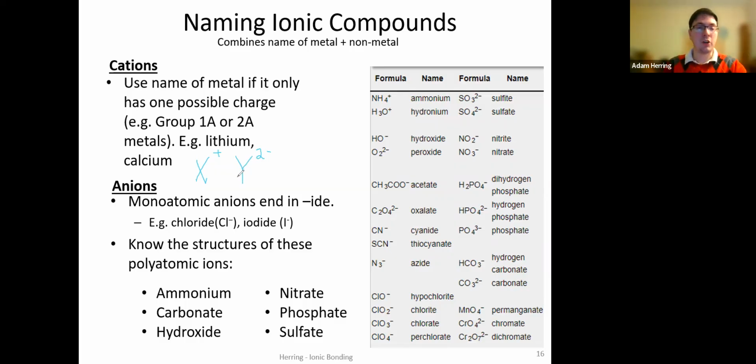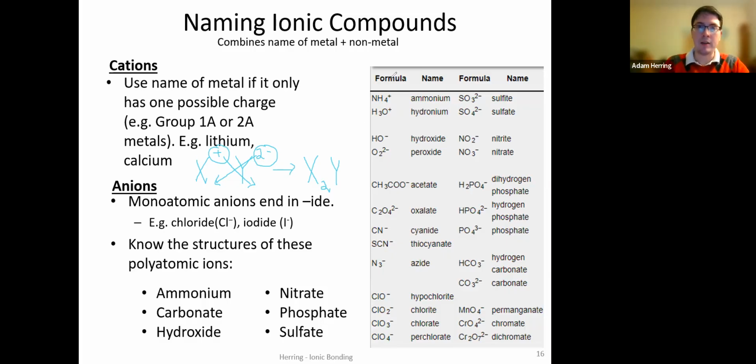In order to get the charges to balance properly, you can crisscross the charge of each element and use that as the subscript in the compound. So this charge will go down here as the subscript, and this charge will go down here as the subscript. That would then give us X2Y as the formula for this compound.